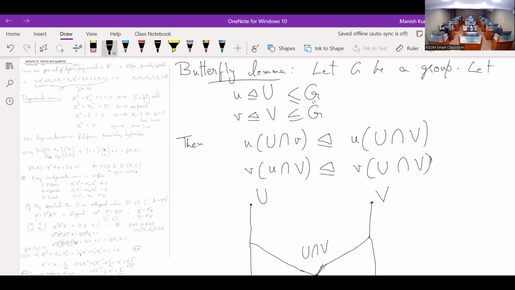If you have two composition series, you want to compare them. So this lemma will be useful in trying to understand that.